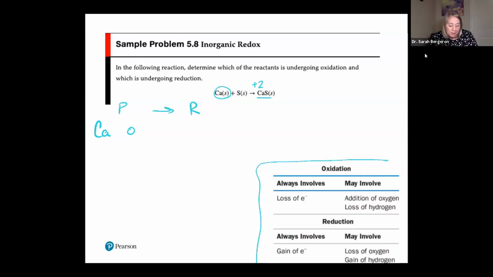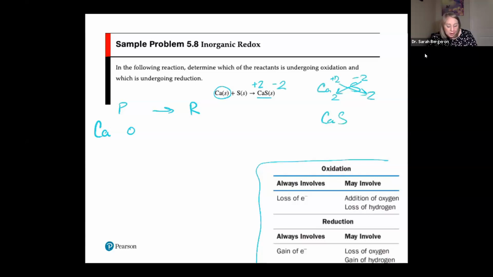So that means sulfur is going to create a charge of -2. If you were to write CaS with +2 and -2 and cross them over, you get 2 and 2, which you would reduce to CaS, and that's what we see.